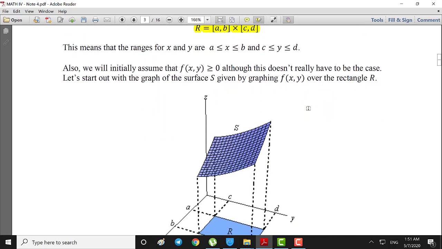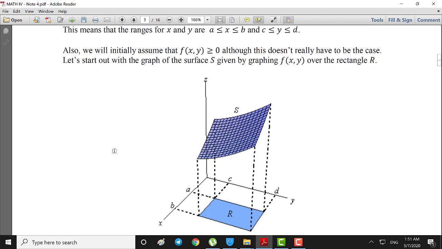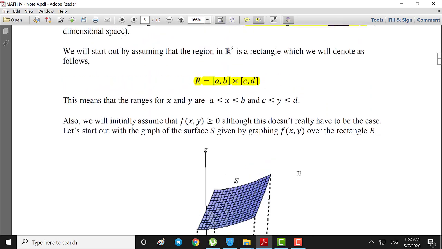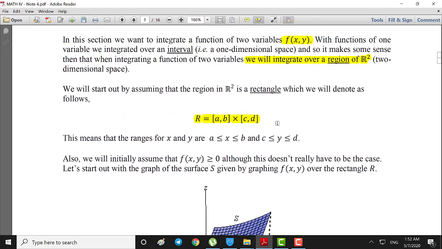Okay? When x changes from A to B and y changes from C to D, we're going to have a rectangular region in the xy plane, which we can show with this notation, R equal to interval from A to B times the interval from C to D. Okay?